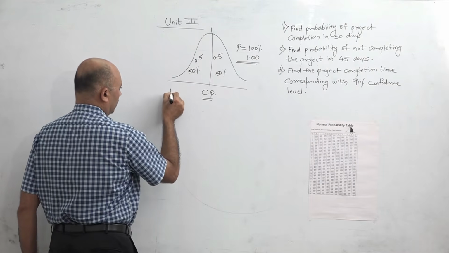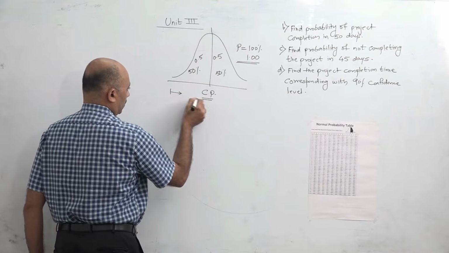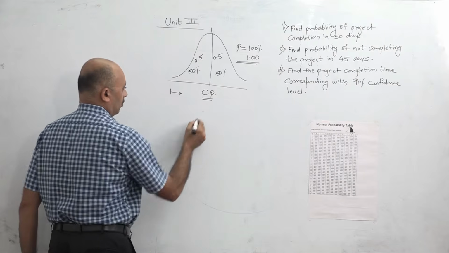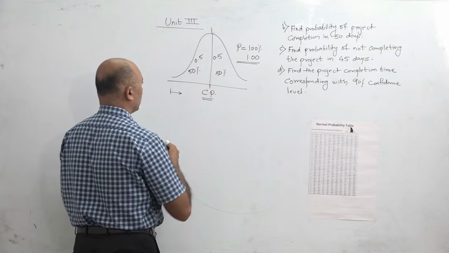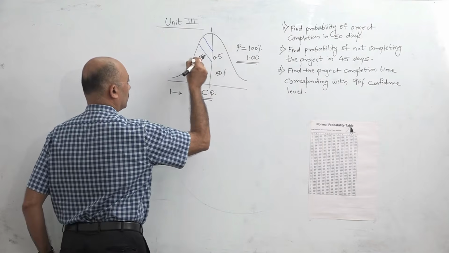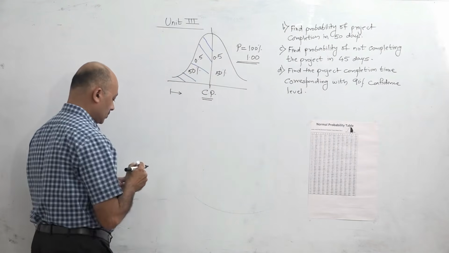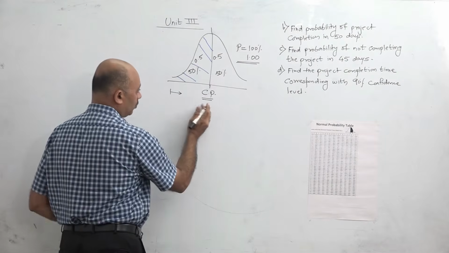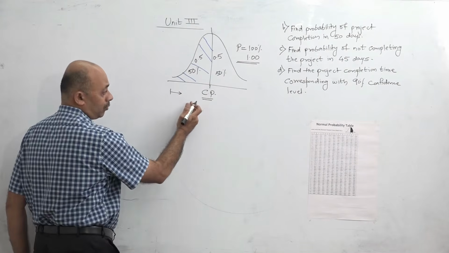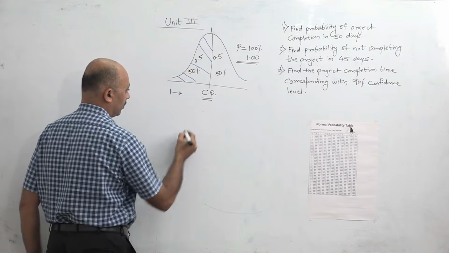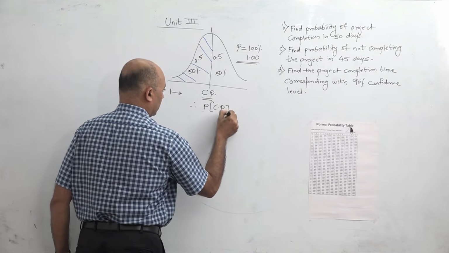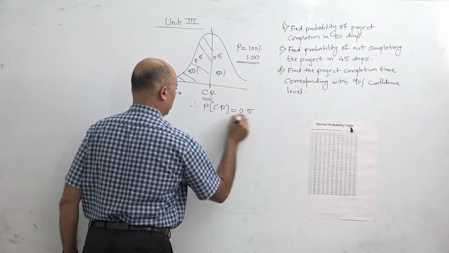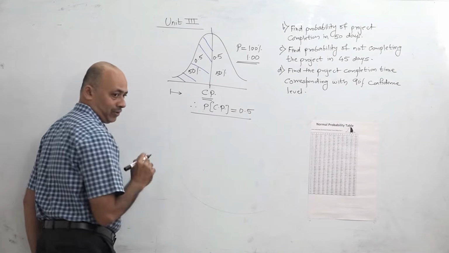So if we start the probability calculation from here, when we reach the critical path, how much area are we covering? We are covering the area of 50%. So when we reach the critical path value, we are covering 0.5 of the area of the curve. Therefore, we say that probability of the critical path, CP, is always 0.5 in any question.